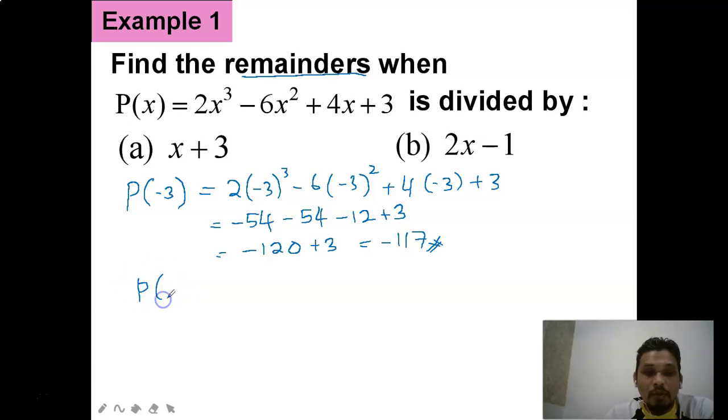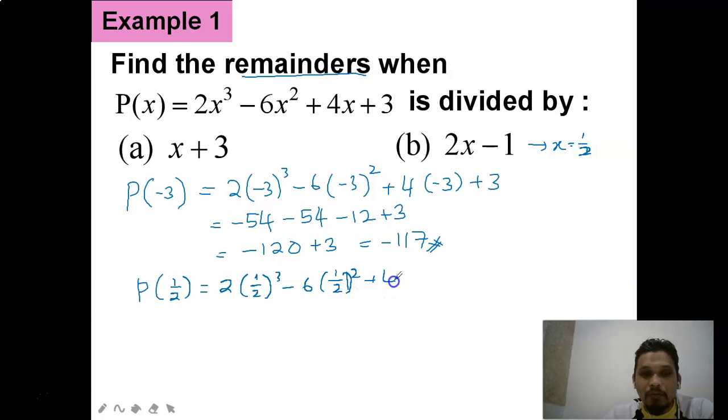And for the polynomial when x equals 1 over 2, we substitute into 2 times (1 over 2) cubed minus 6 times (1 over 2) squared plus 4 times 1 over 2 plus 3.